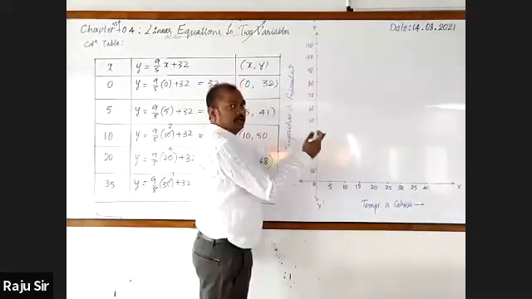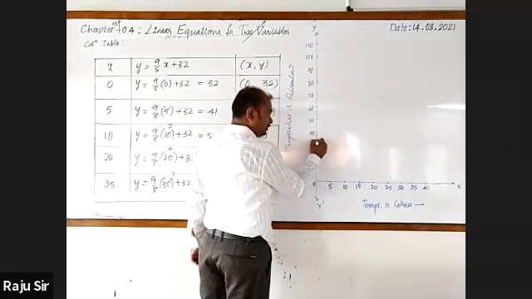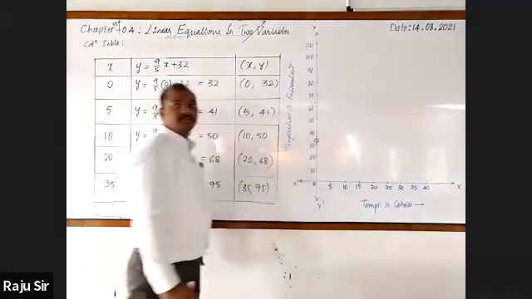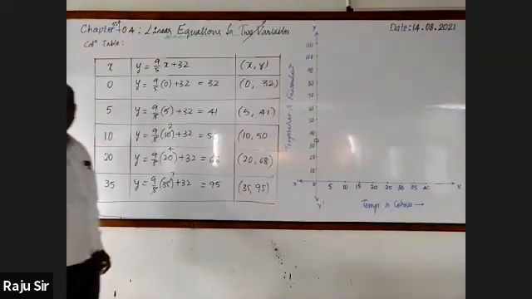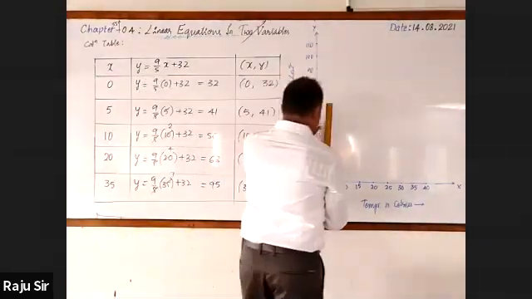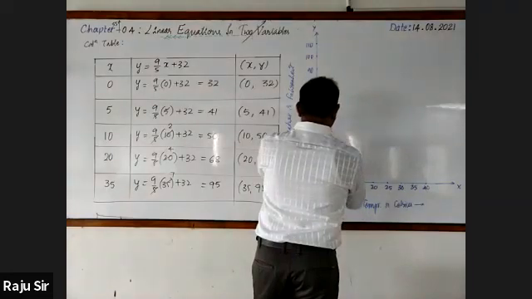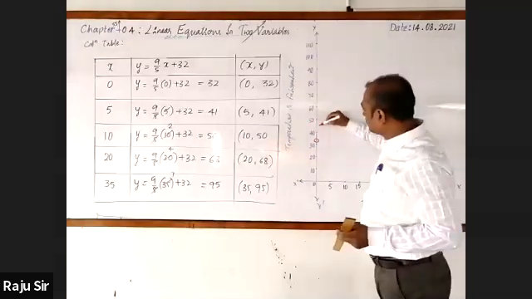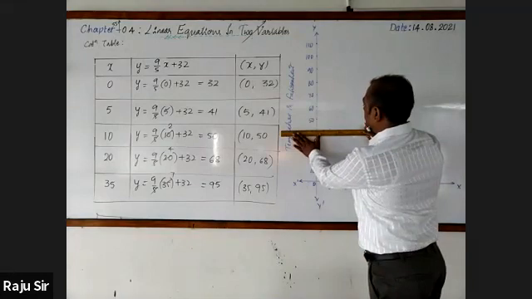Here, the first box is 31, the second box is 32, and that comes here. Then 5 and 41. Between 40 and 50, 10 boxes are there. Use the first box for 41.